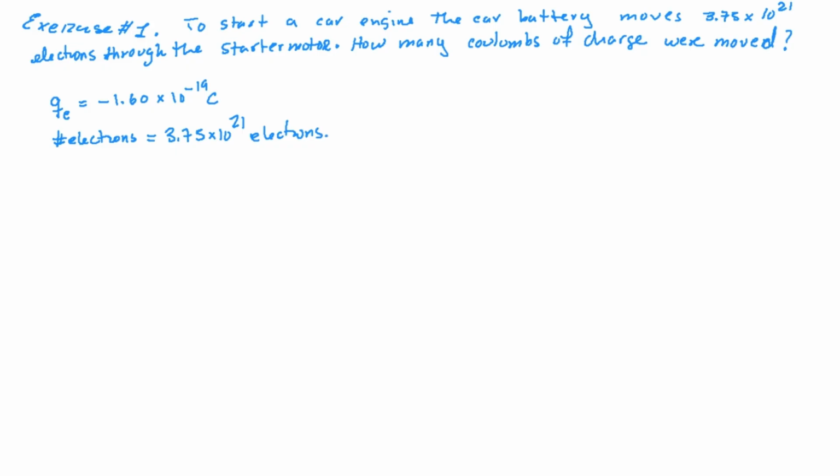If you want to know the total charge moved, the total charge moved will be equal to the number of electrons moved times the charge of one electron.